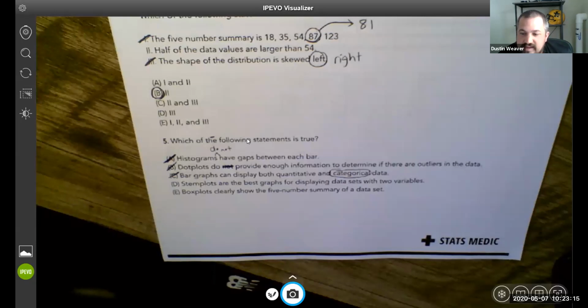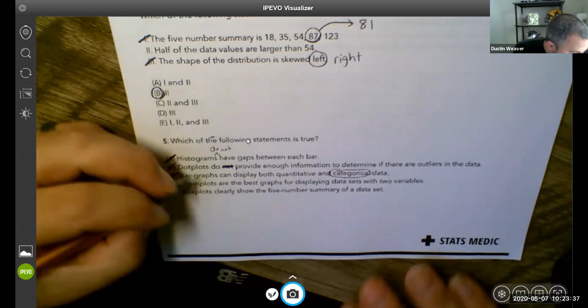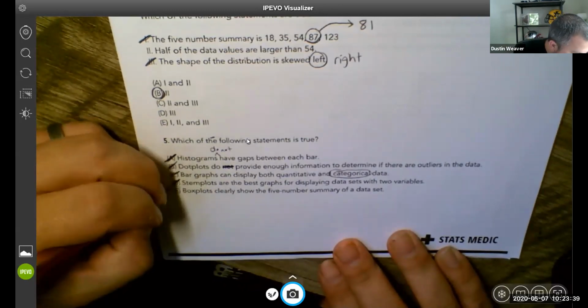Think about it. It's not really a stem plot usually. With two variables, the best type of graph is usually a scatter plot. You see the X and the Y, and you can see the correlation between the two and how they're different and all those different things. So E is our answer, right?